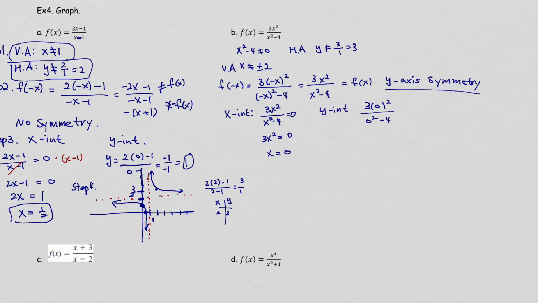You're multiplying everything by 0 here, so it has to be 0. This is 0 over negative 4, which is 0. Maybe we do need to plug in a few points because you only have 1 point given.